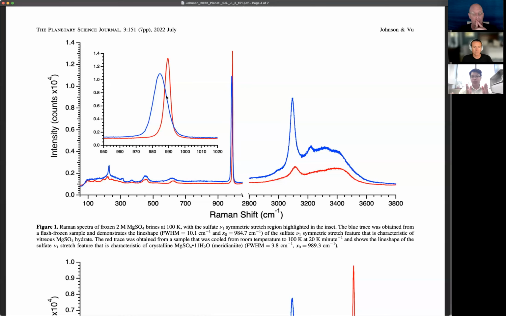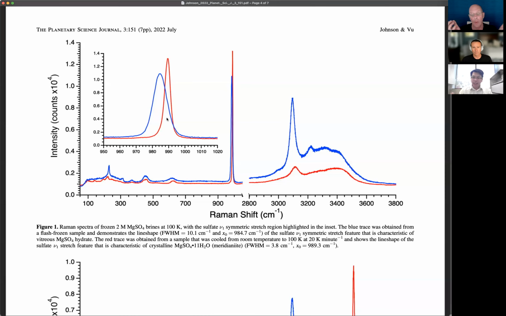So in this case, we have in one experiment a crystalline sample, and the other one is a glassy sample. This sulfate peak at 990 is probably the most characteristic feature that tells you what hydrated state you have, whether it's glass or crystalline.